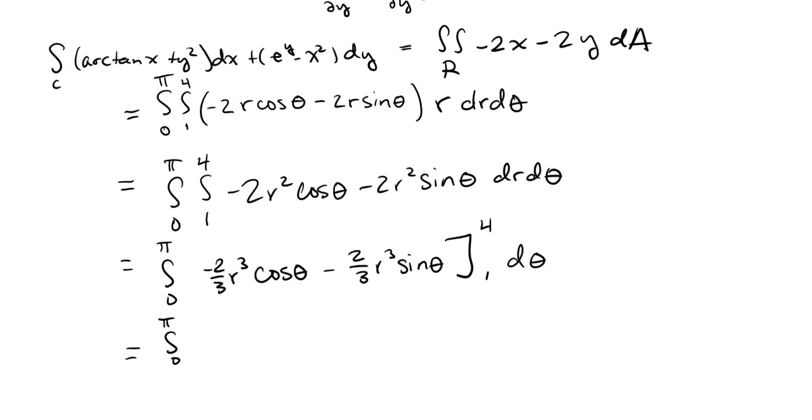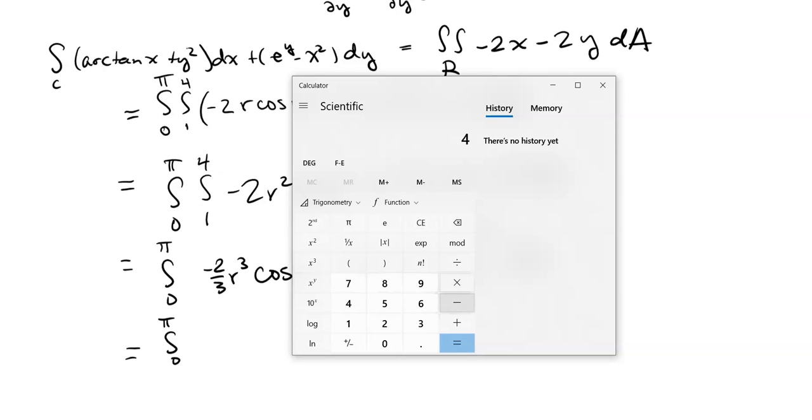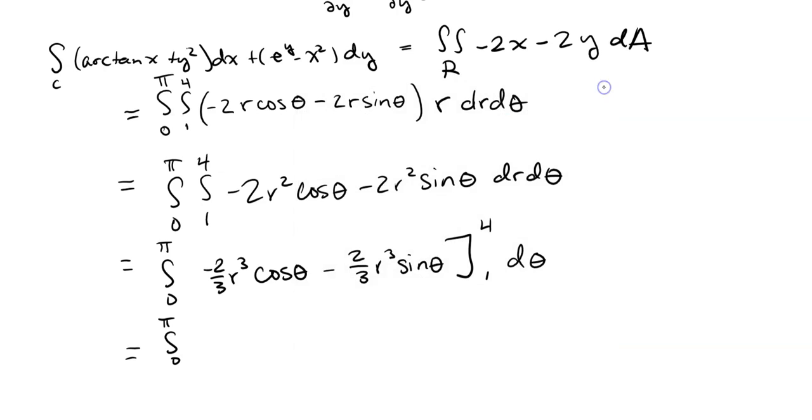Plugging in 4, we're going to end up with -2 times 4 cubed, times 2, and then we'll just put that over 3. So we had 64, and then times 2 is 128. So we've got -128 over 3.